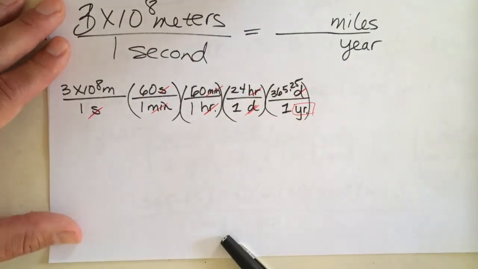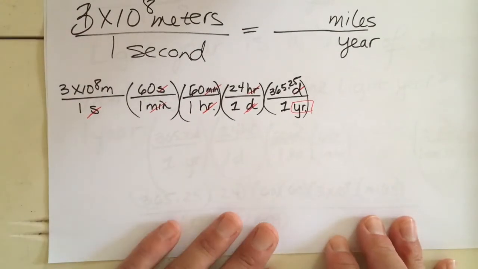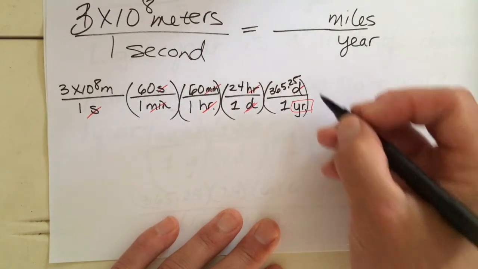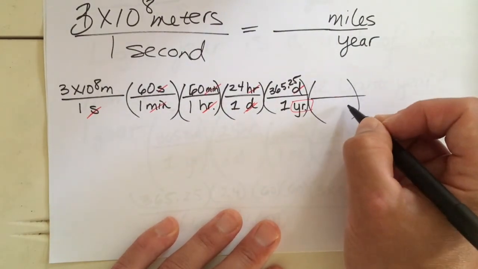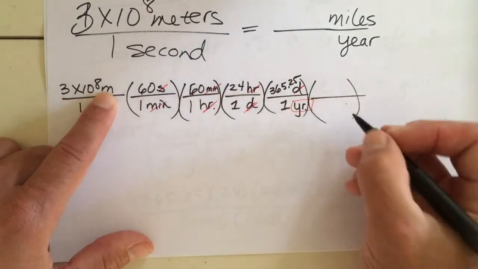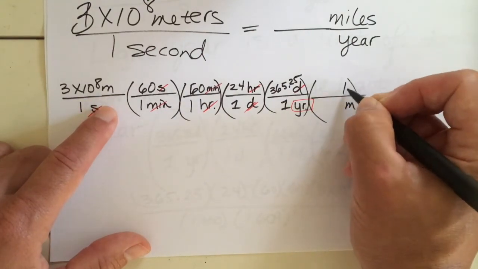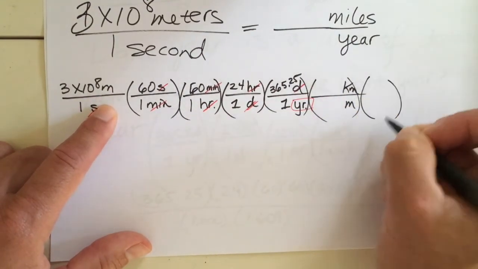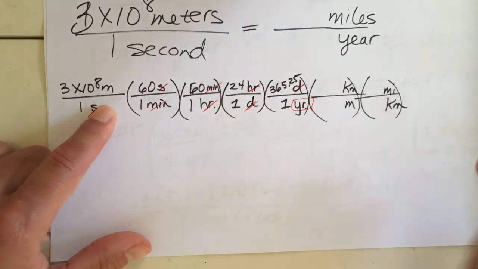All right, so we're halfway there, right? Let's get meters into miles now. So to get from meters to miles, we'll do something similar. Notice I'm going to cancel long distance, so top to bottom, right? So I got to have meters down there. We'll go meters to kilometers, and then from kilometers into miles, right?